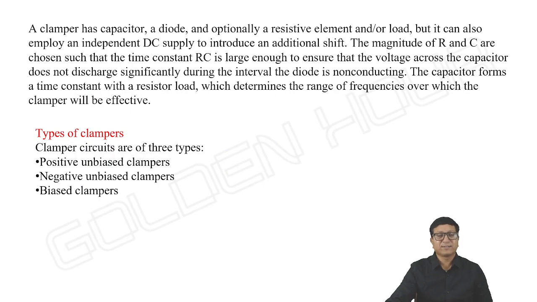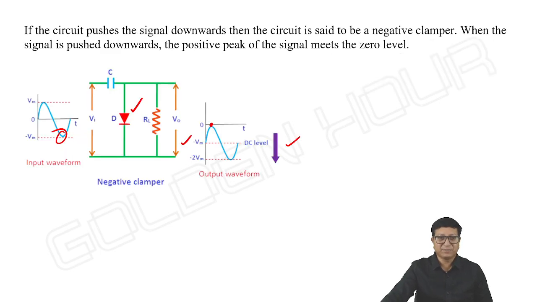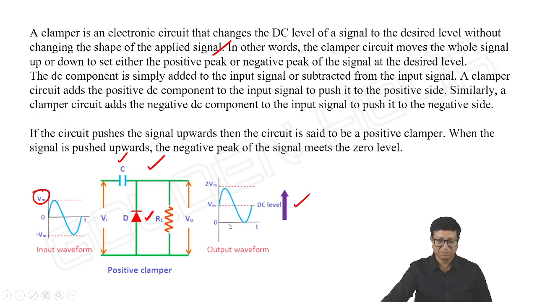Next, what does a clamper contain? A clamper has a capacitor, a diode, and optionally a resistive element, which is known as the load, and it may also employ an independent DC power supply to introduce an additional shift. So what is the meaning of it? Without the DC power supply, the shift is equal to the peak amplitude of the input.